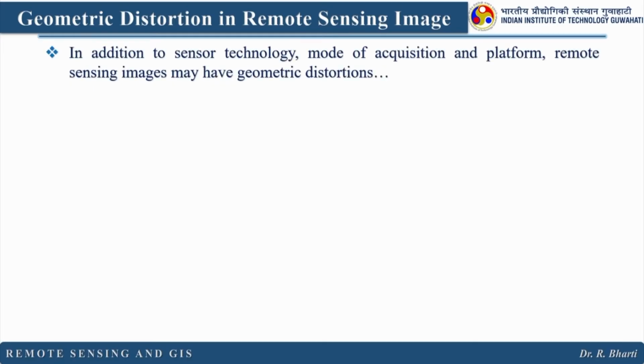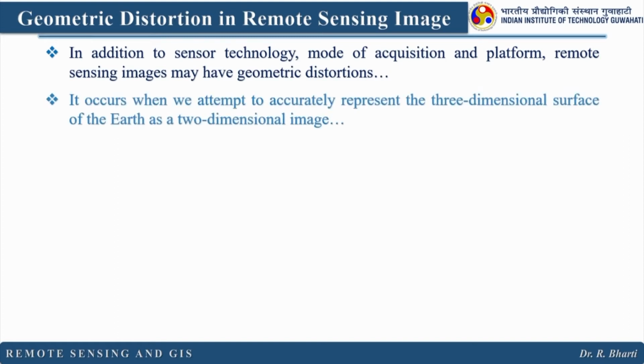What is geometric distortion in a remote sensing image? In addition to sensor technology, mode of acquisition and platform, remote sensing images may have geometric distortion, right. Geometric distortion is a problem with the location of the pixel.